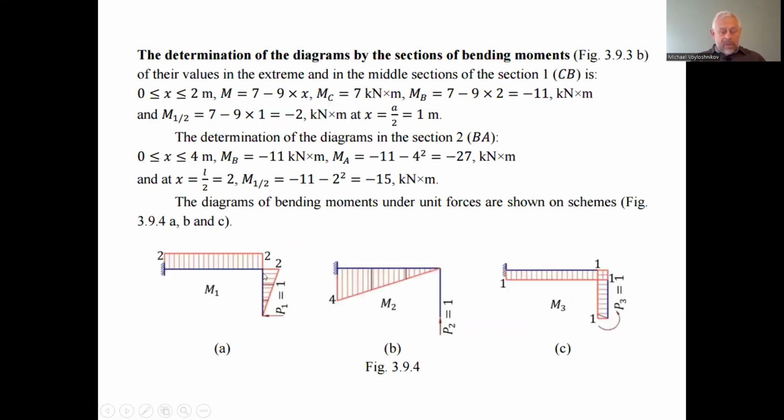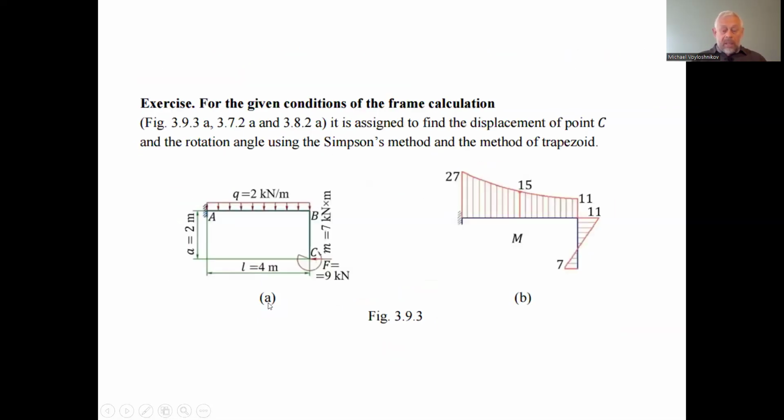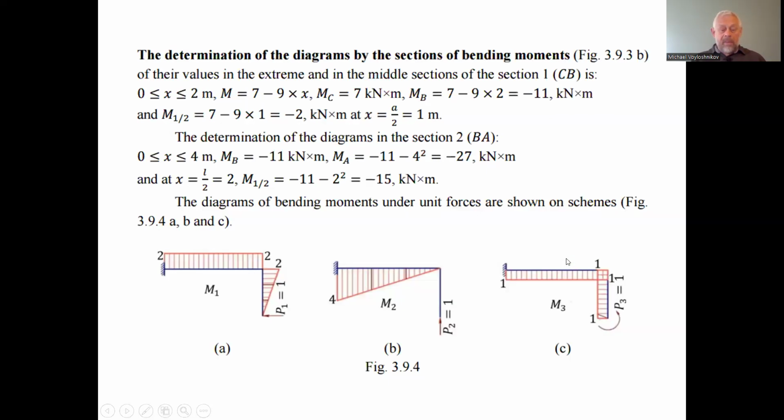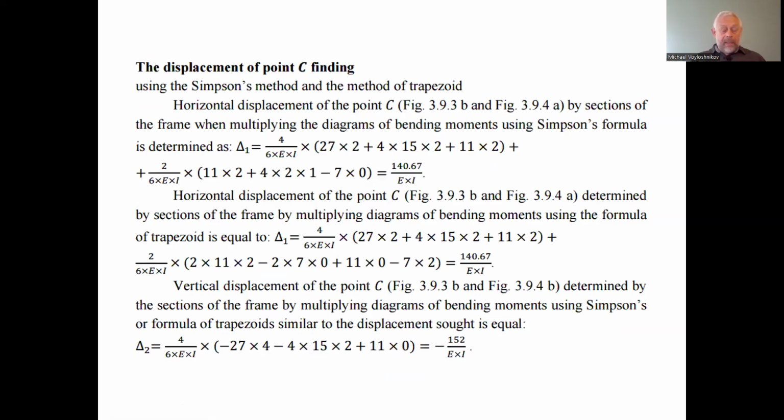So 2 is the magnitude of the bending moment under the action of the unit force, and 11 is the magnitude of the bending moment under the action of the external load in the point C for the element BC, the second element of the mechanical system.